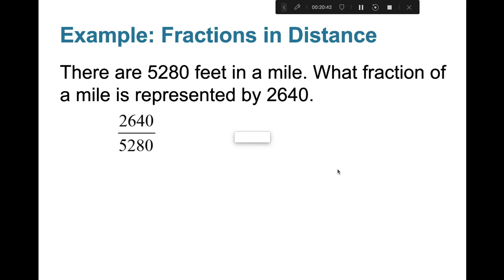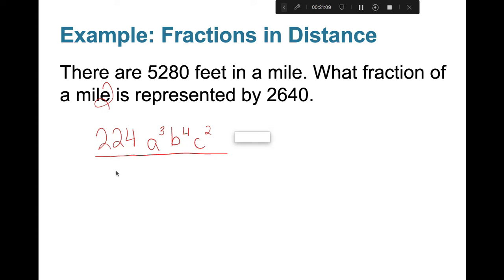So looking at, I'm just going to leave this up here, and we're going to work through something real quick. This is one of your problems. I have 224 a cubed b to the 4th c squared over 16 a.